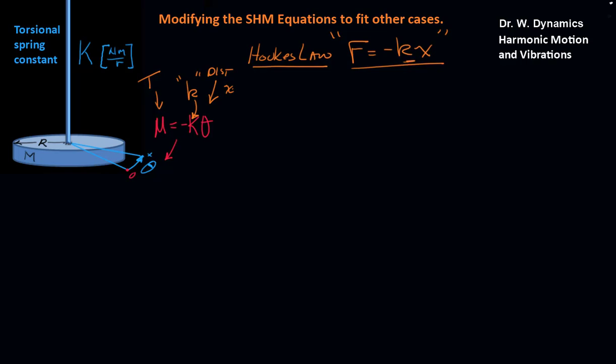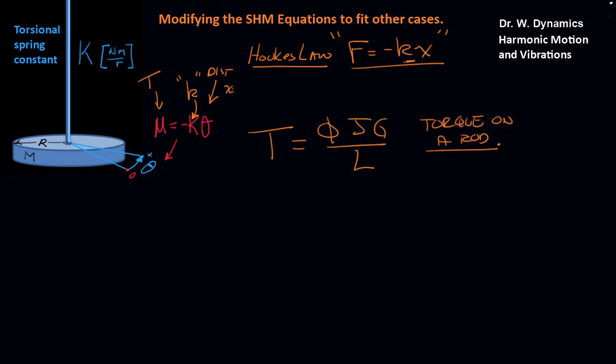Now, for my friends who've taken solid mechanics, we have an equation for torsion in a rod where the torque will be phi j g on L. Let's manipulate this so that it looks like Hooke's law. So the torque is the rotational force, and phi is our displacement, which is like x.